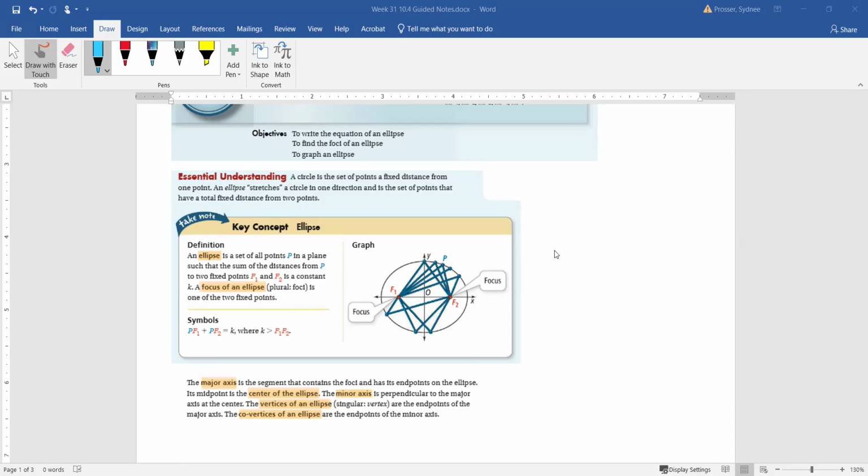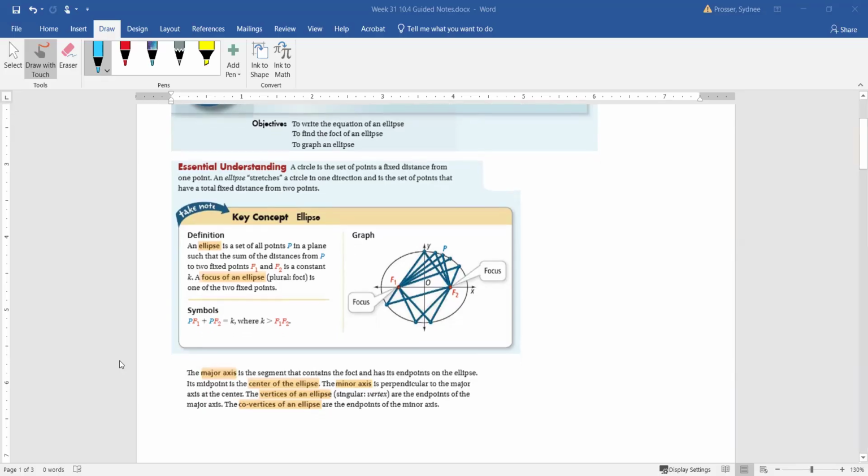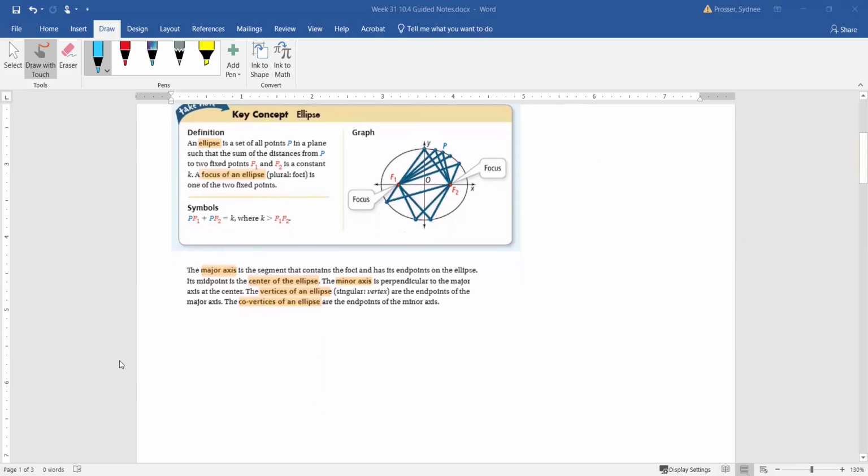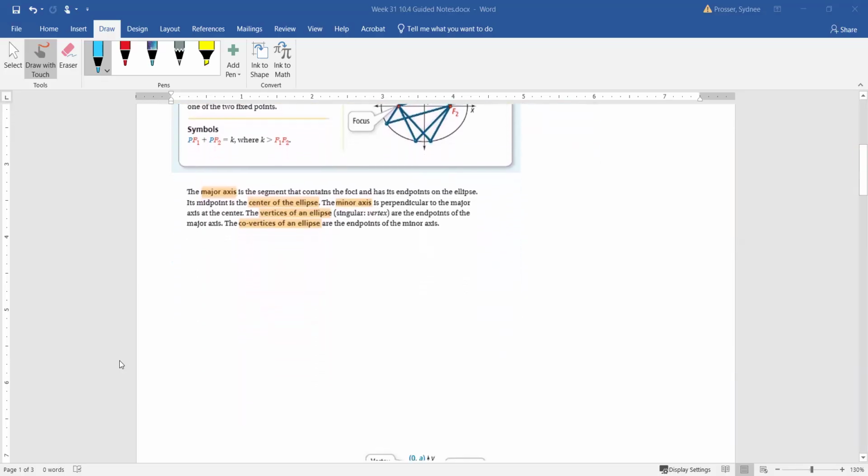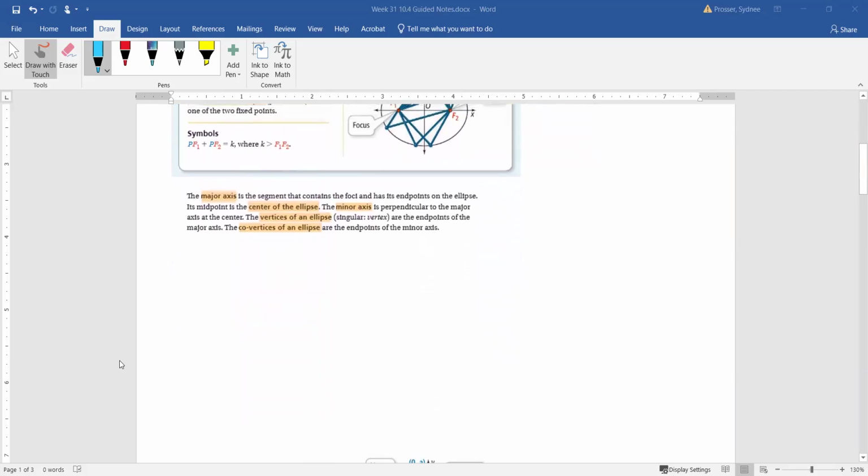And so we're going to read through this paragraph here and start to sketch out an example of an ellipse. Okay, so I'm going to draw a coordinate plane here.